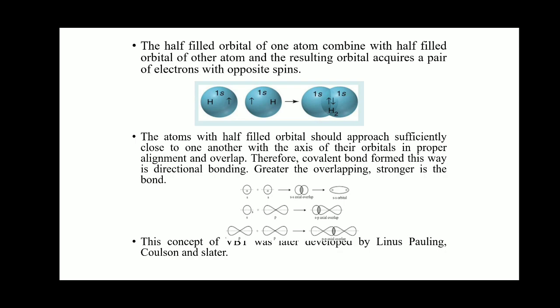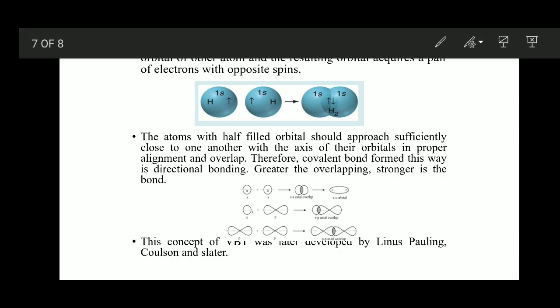This is a half-filled orbital of one atom in this picture. The half-filled orbital of one atom combines with the half-filled orbital of another atom. Both hydrogen atoms have one unpaired electron with spins in the same direction, but when they form a covalent bond, both electrons have opposite spins, one spin this way and one spin this way.